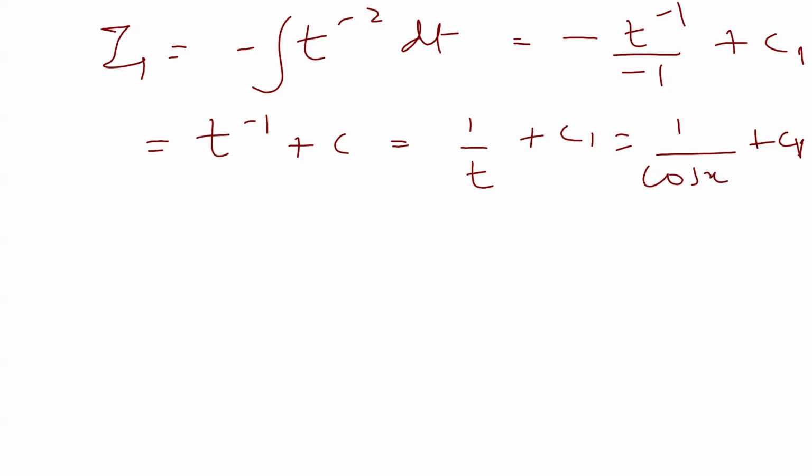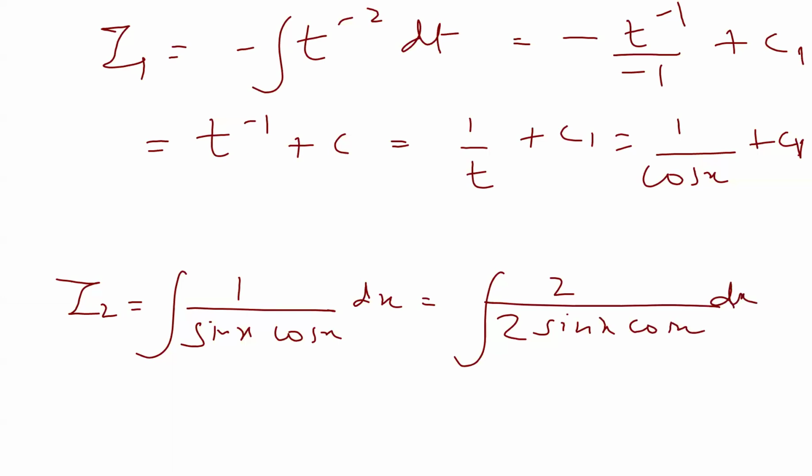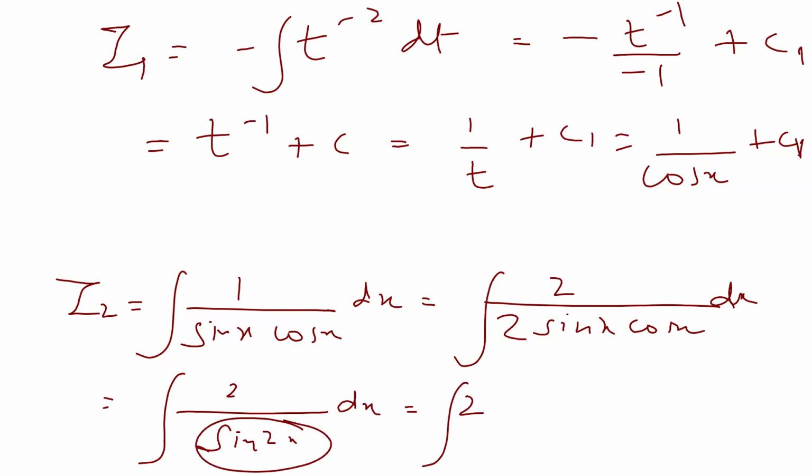I2 is 1 upon sin x cos x dx. Multiply and divide with 2. So 2 upon sin 2x; take that sin 2x in the numerator, and you can put this particular 2 outside the integral, since it is a constant. 2 cosec 2x dx.